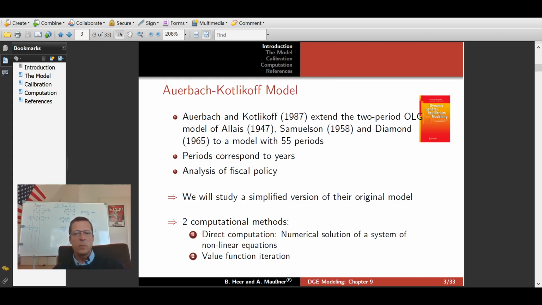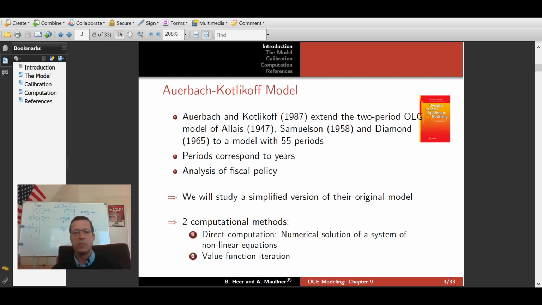And they made so many terrific contributions in the field of economics, so they were very well-deserved prizes for these three economists. Now, Auerbach and Kotlikoff, at the end of the 80s, extended the two-period model to a 55-period overlapping generations model.